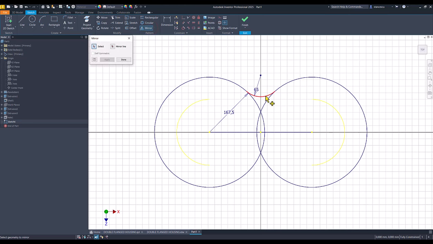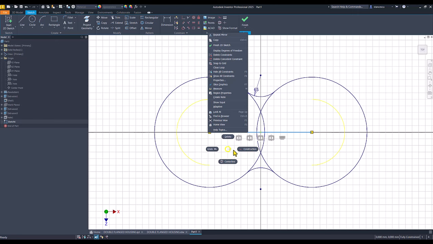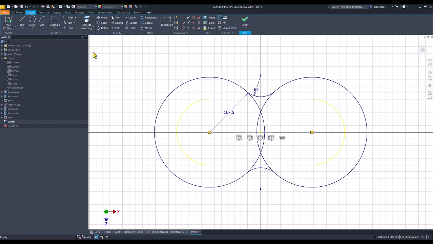Mirror of this arc about this line. Apply, done. This must be construction, and we trim a lot. Everything, and this remains.